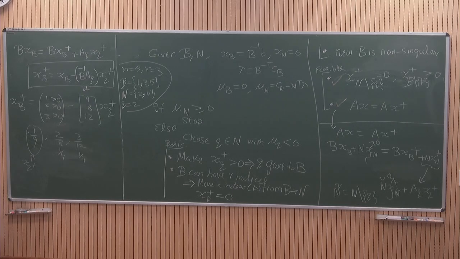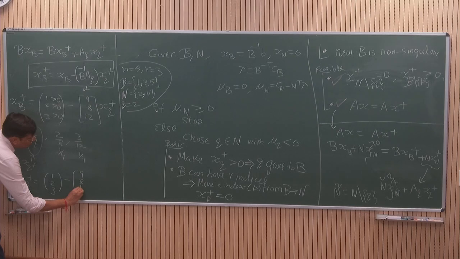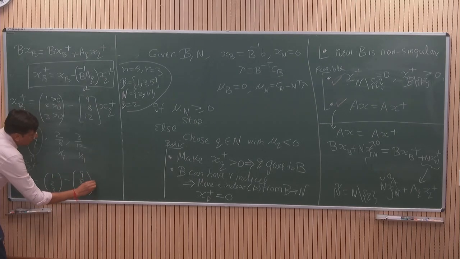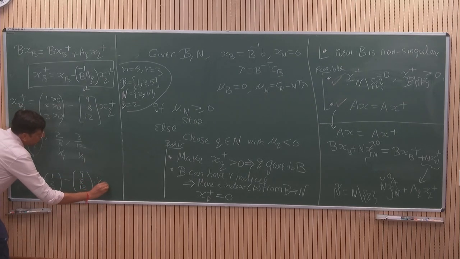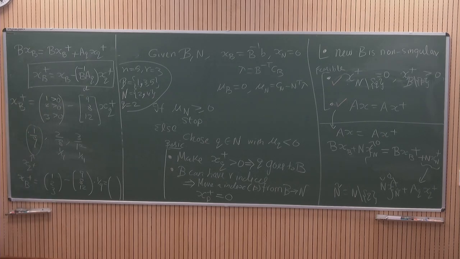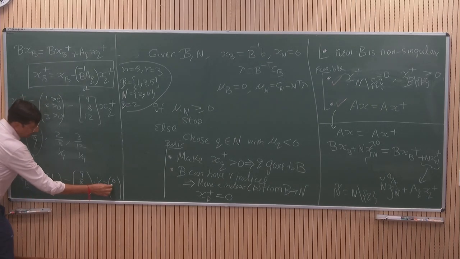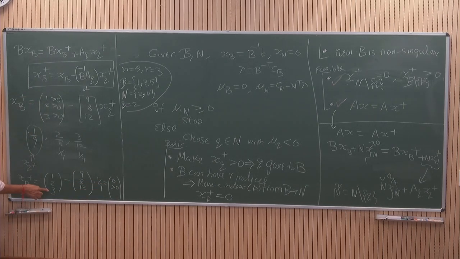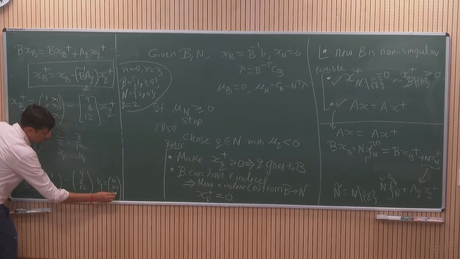Why? Because if I take this as xq plus, then what will my xb plus be? So this will be 1, 2, 3 minus 9, 8, 12 times 1 over 9. What do we get? 0, 2 minus 8 over 9, 3 minus 12 over 9.